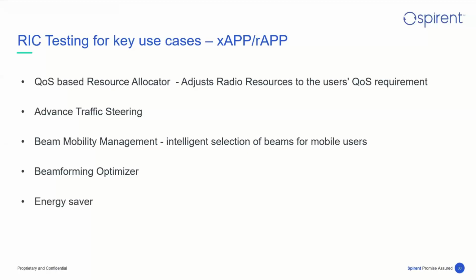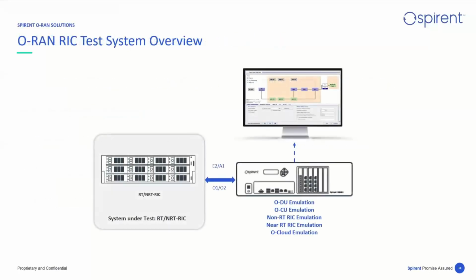And performing beam management is okay, but how efficiently you are doing it without spending too much energy. So another application is saving energy, with an application sitting on RIC having energy saving related requirements, right? And now all of these different applications are built by different vendors, and they have to be tested all together on the RIC level. So we also have a solution to test the RIC as of today, where we will provide all the interfaces, including the entire network, right?